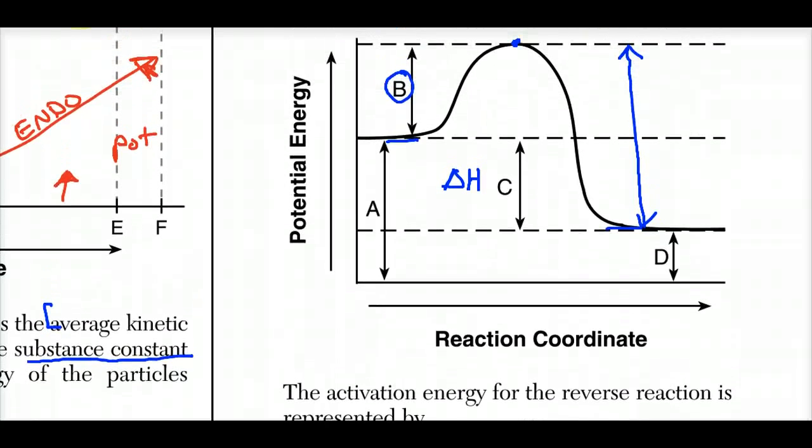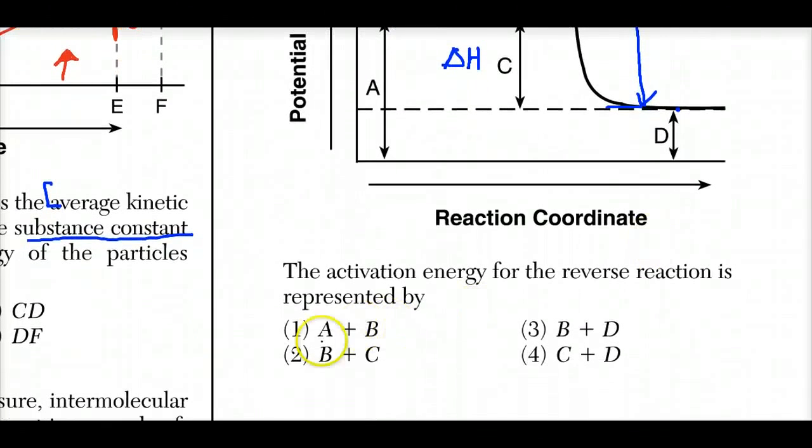Of course they don't have a line here for the reverse. So if I'm going in the reverse and I want to ride the slide, I've got to get to the top. So this is the value I need. But if you look at the chart here, what combination of arrows would give me this one big arrow to go in the reverse? You guessed it, C plus B would make that value. So B plus C is the answer, choice 2.